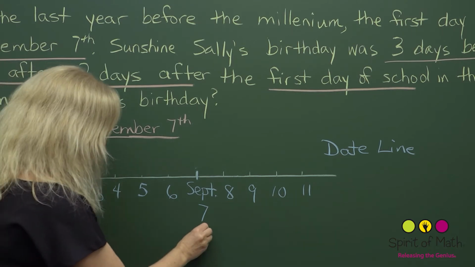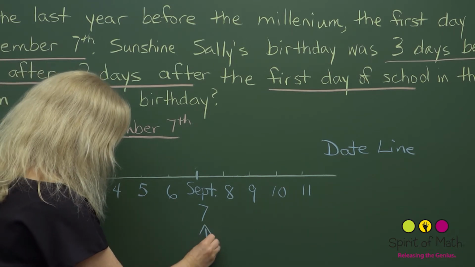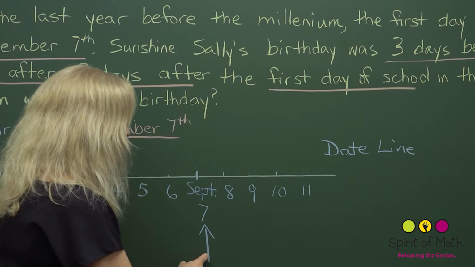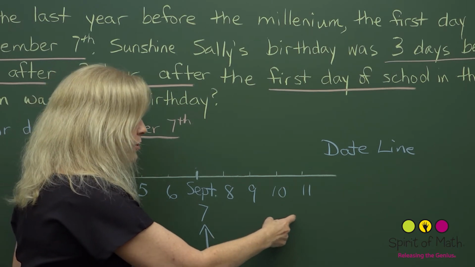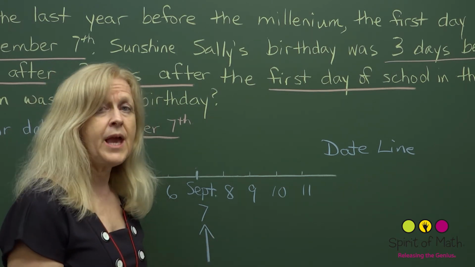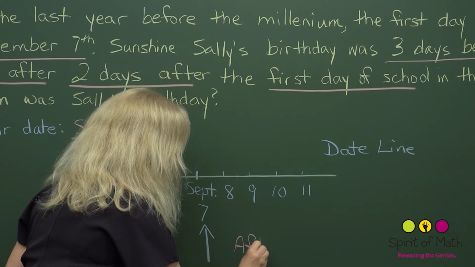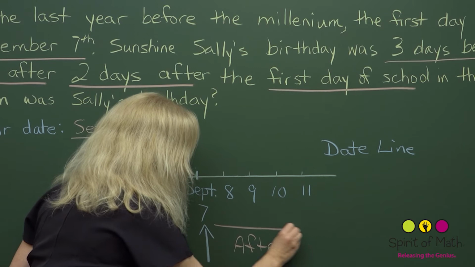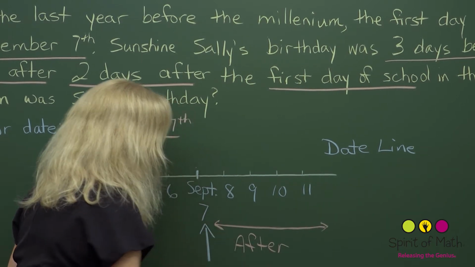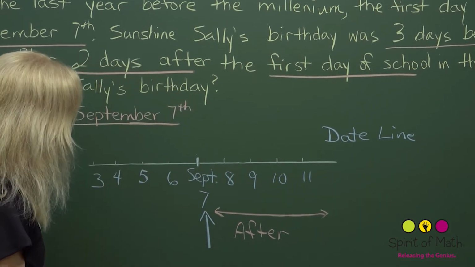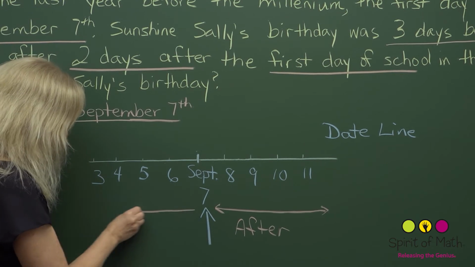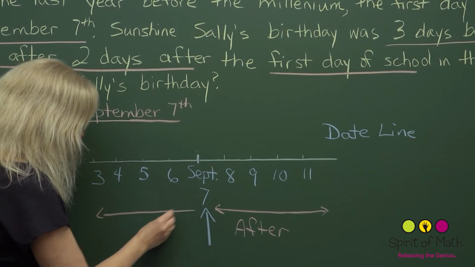So September the 7th is the anchor. When you are in 8, 9, 10, or 11, that is considered to be after September the 7th. So we say this is the after area. This whole area is after September the 7th. And then before would be all these dates.